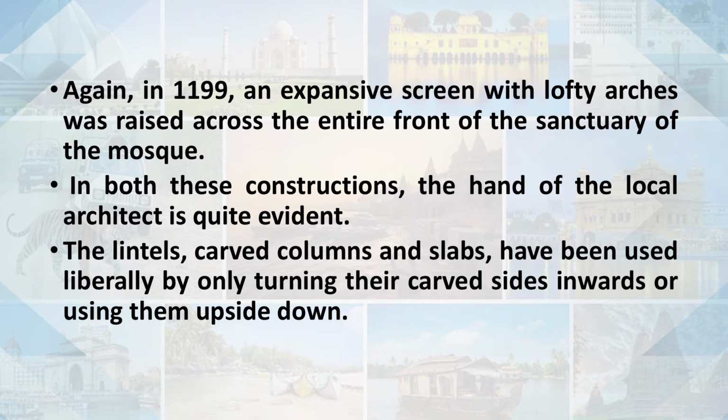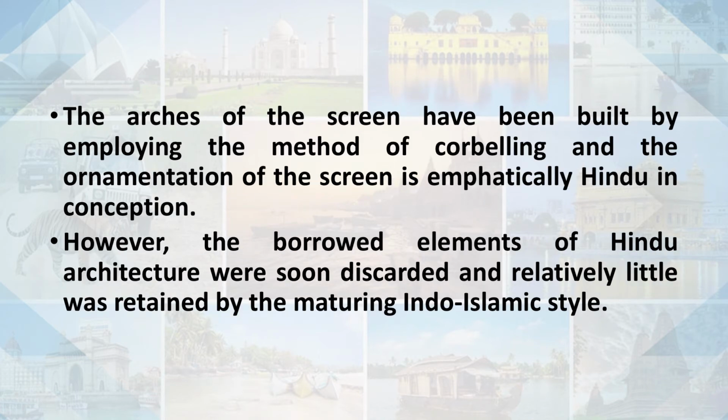The carved columns and slabs have been used liberally by only turning their carved sides inwards or using them upside down. The arches of the screen have been built by employing the method of corbelling, and the ornamentation of the screen is emphatically Hindu in conception.